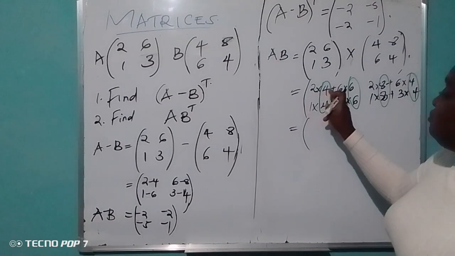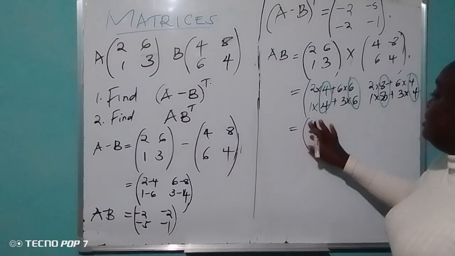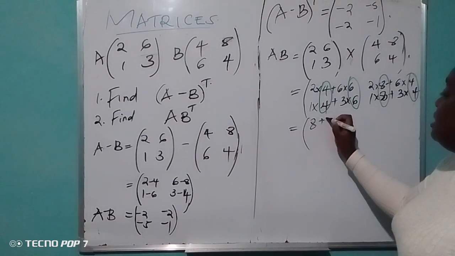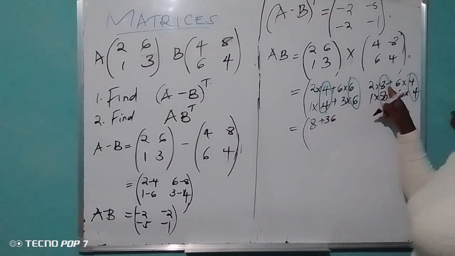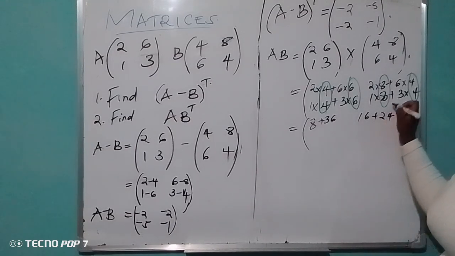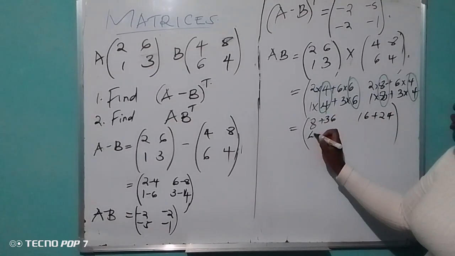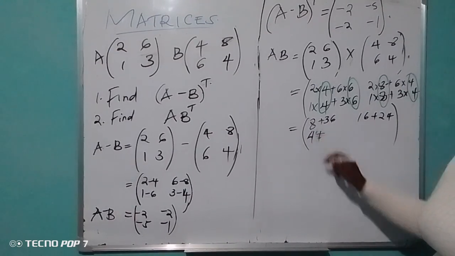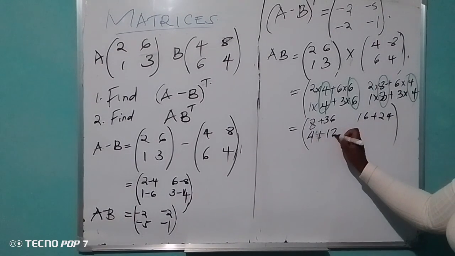So 2 times 4 is 8. 8 plus 6 times 6, 36. Then here it is 16 plus 24, and these are big numbers. 4 plus 18.